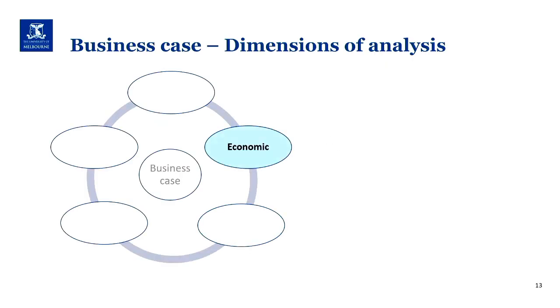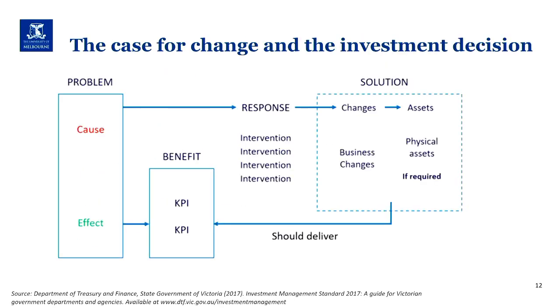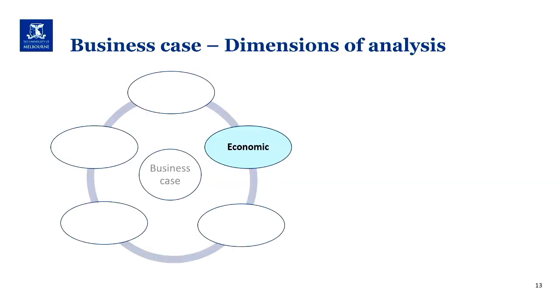For this one, we are going to focus more on this part: the intervention and the potential solutions. This is just a general picture. You come up with a list of different options, and then you have to appraise those options. You have to identify the costs and benefits of the different options, and then you need to define which one is better than the others.